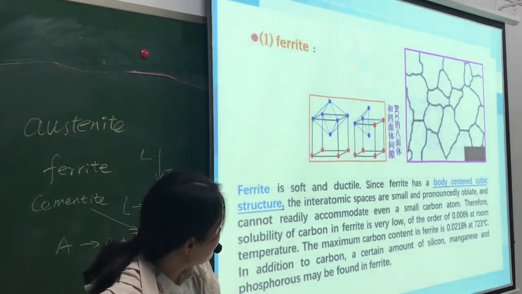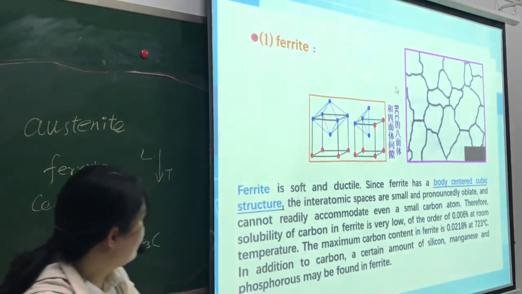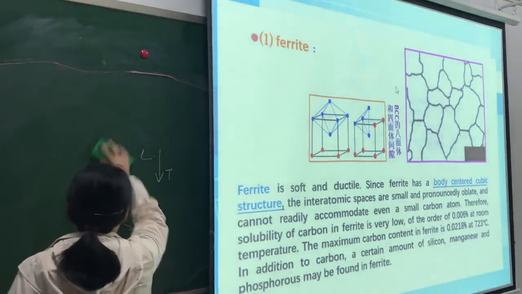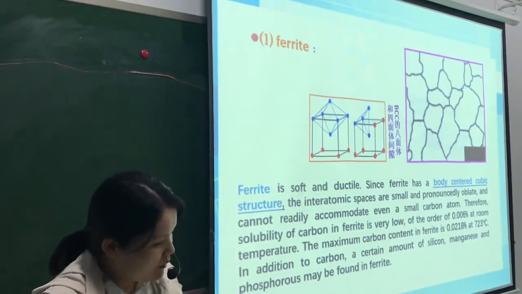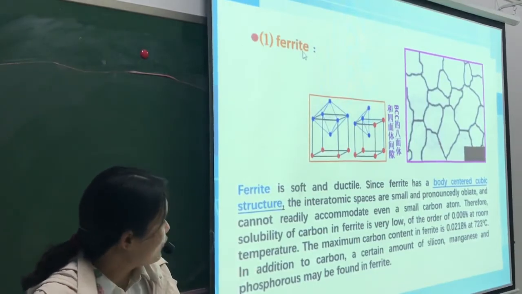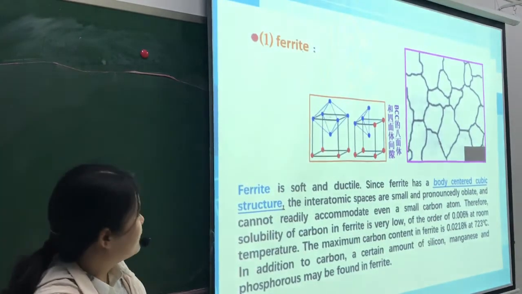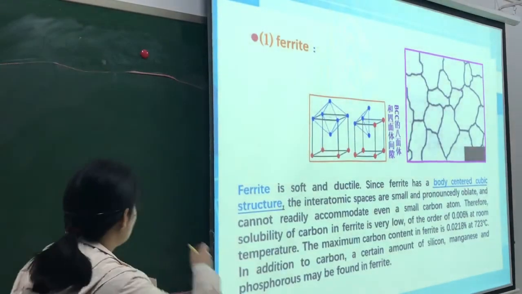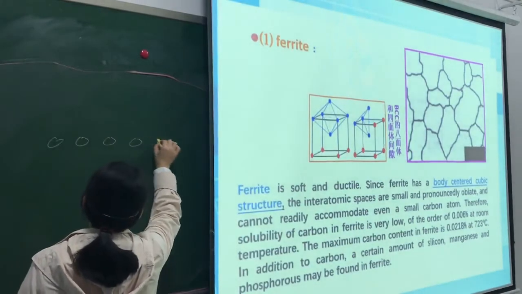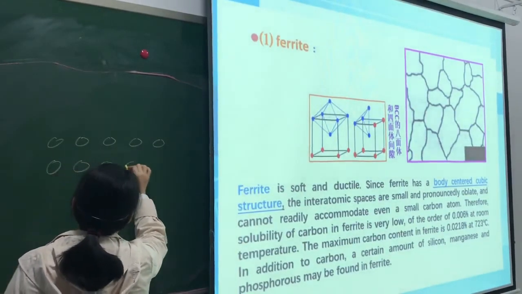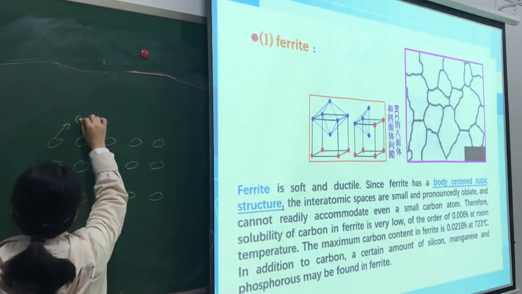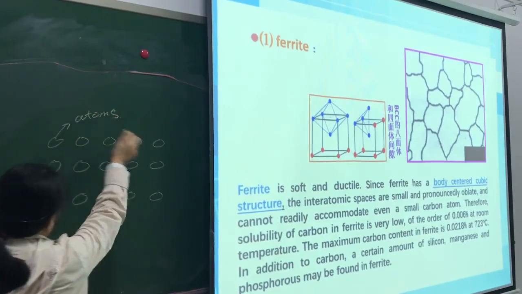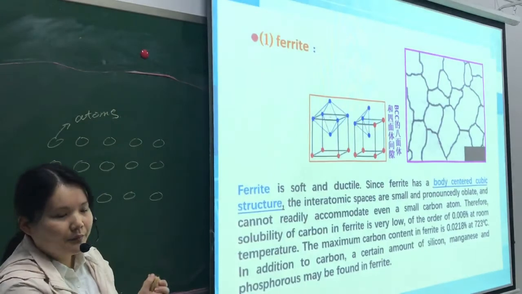This is the microstructure of ferrite. In our alloy, the atoms are arranged orderly.